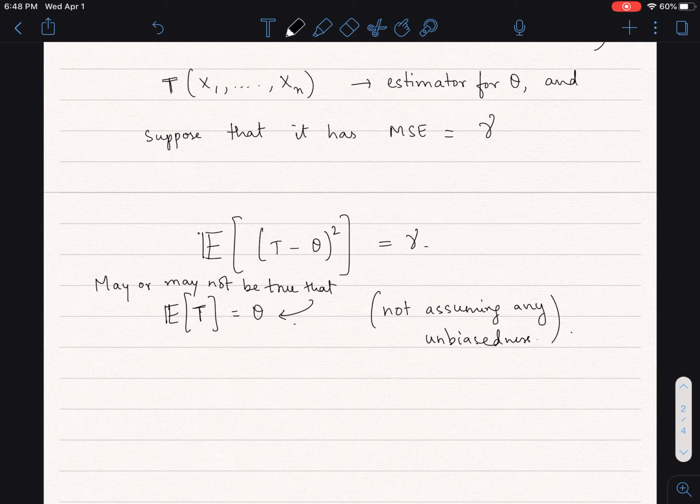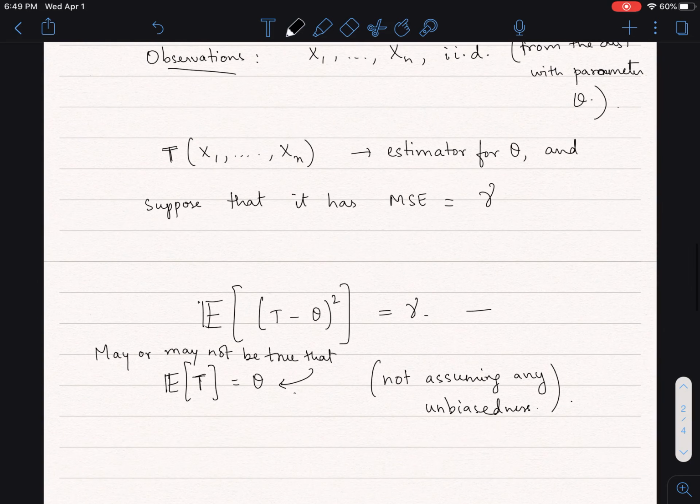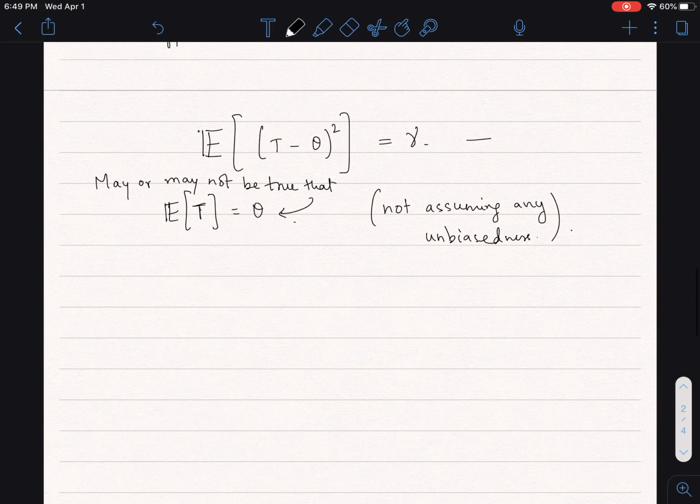So if we have an estimator t with this kind of property, the question is, do you somehow automatically get confidence intervals? Suppose we know, actually for now suppose we even know gamma.